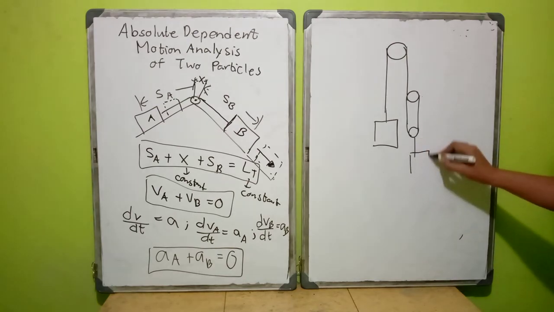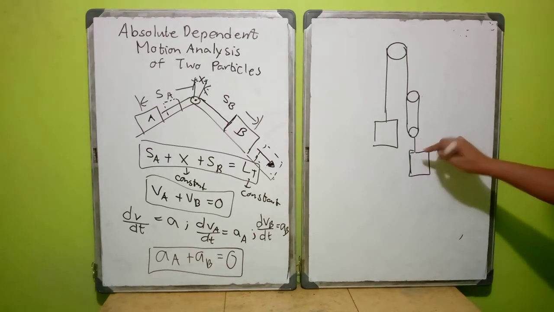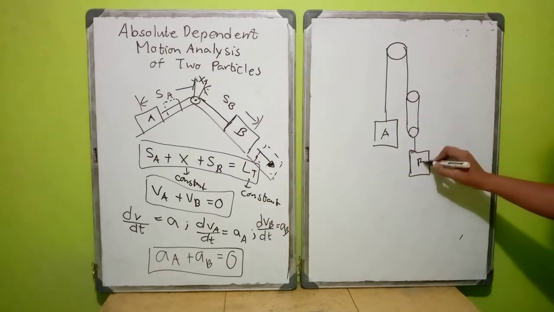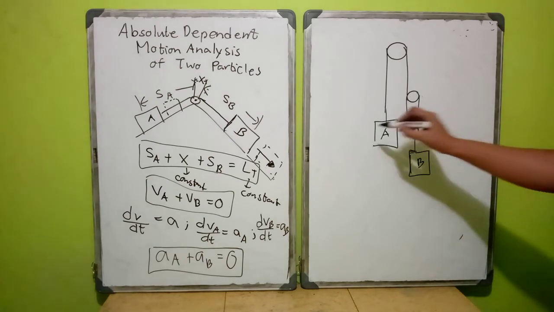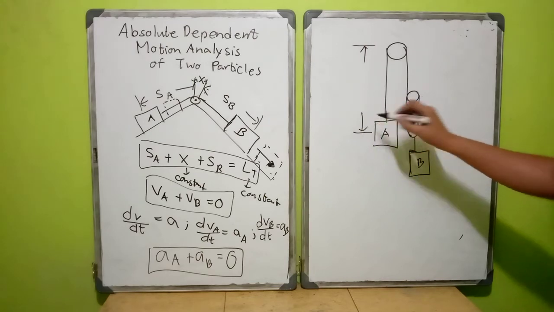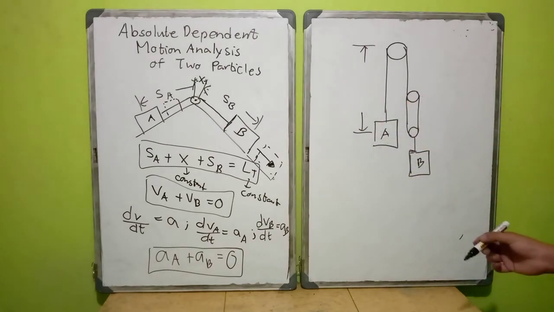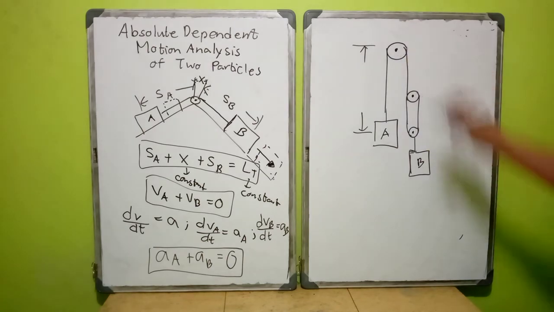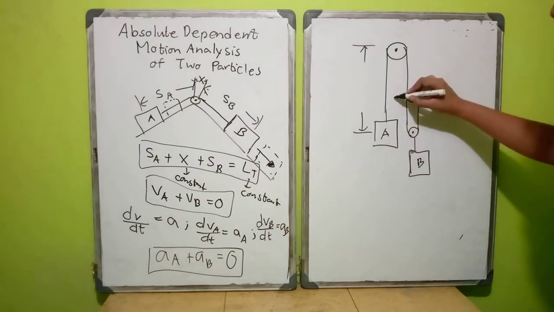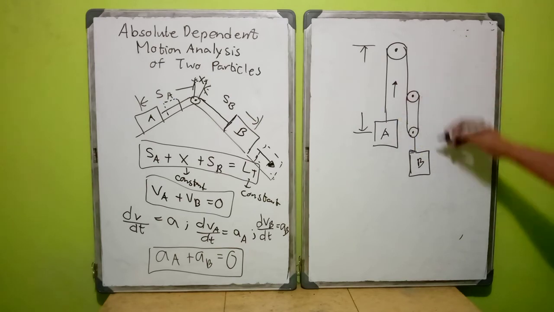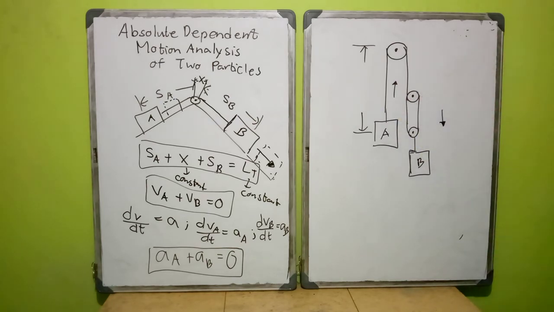Okay, so let us say your figure will be like this. So let us say this is your pulley, and let us say that your portion A is moving upward. If it moves upward, this B will go downward.